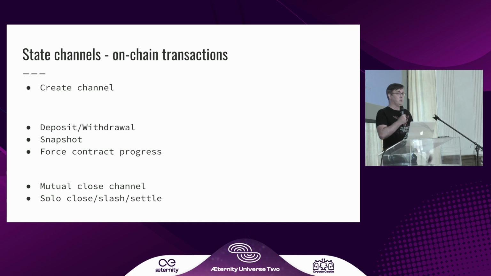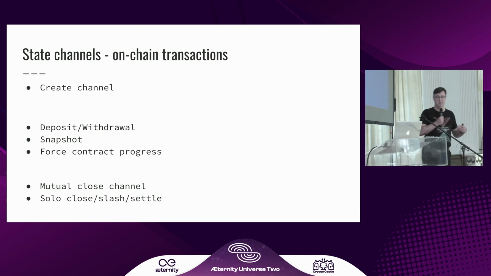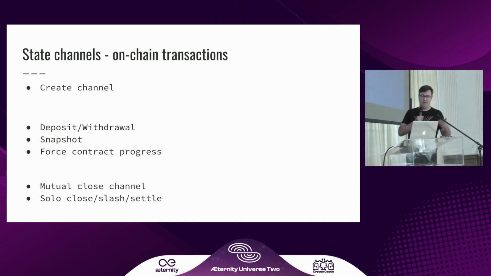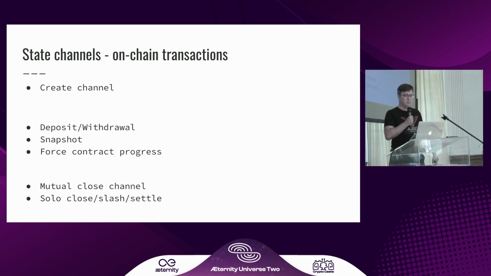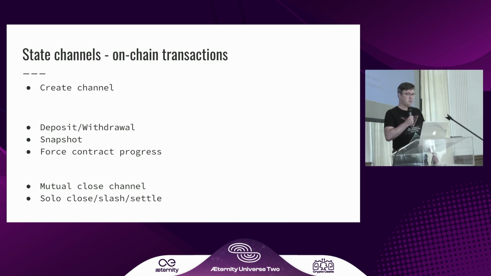And then you have a couple of closing scenarios. The mutual close is where both people agree, and it's co-signed, and there is no dispute about the state. And then you have the unilateral close, which is a solo close, which can be met by a slash, where you dispute what the actual state is, and ultimately you settle.